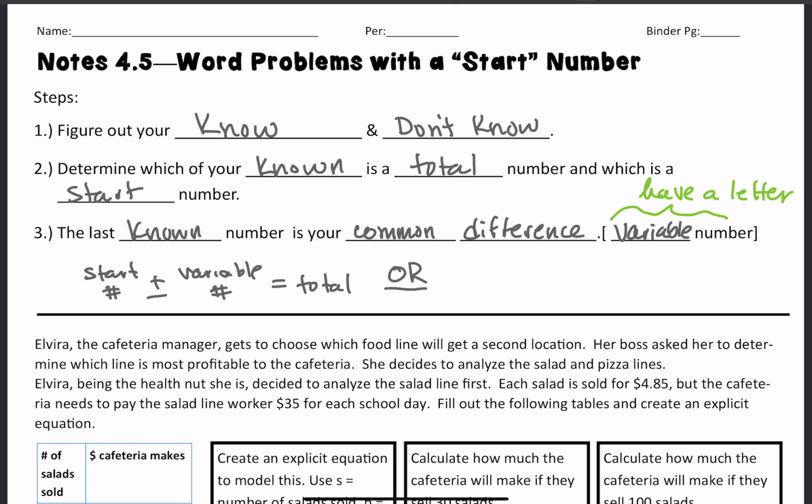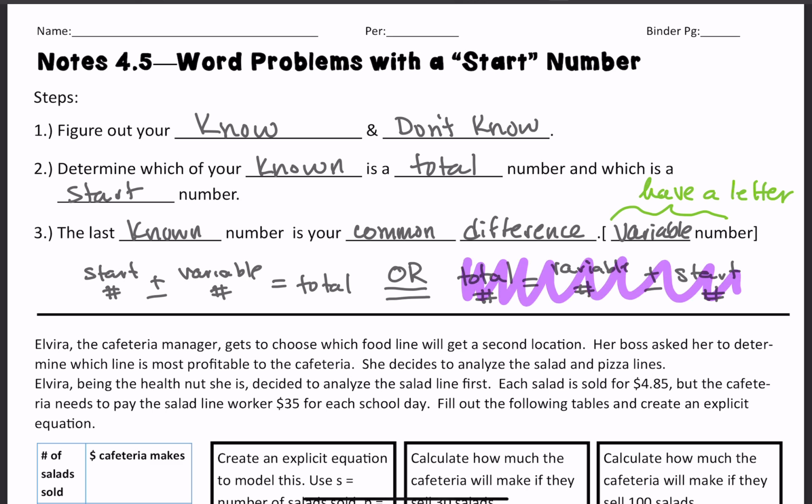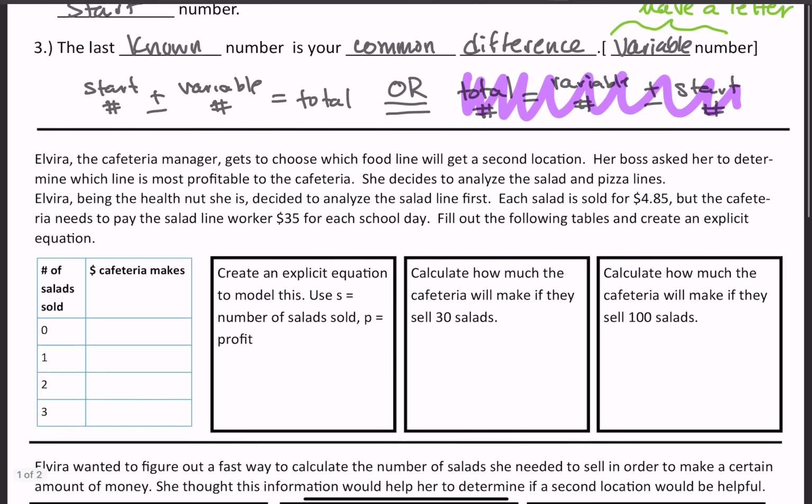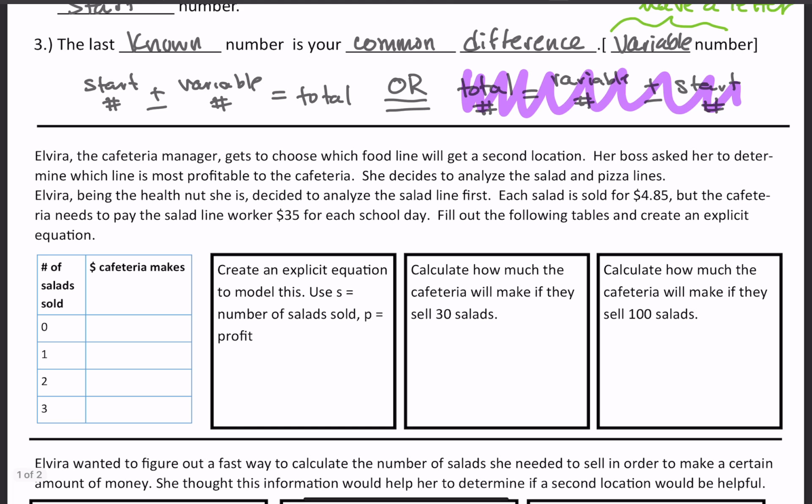Or what we're more likely going to write it as, the total number equals the variable number plus or minus our start number. This is the one we seem to do more. They mean the same thing though. Nothing different about them really, just the order. But that's going to be more important for the back side of your notes. So the front side of your notes is bringing back them semester 1 skills.